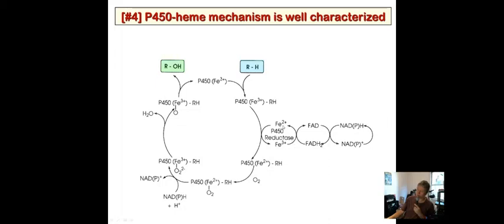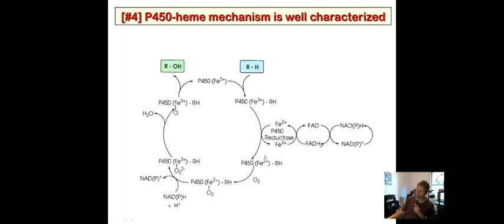And then iron 2+, which is in a low oxidation state, will act as a reducing agent, which will reduce iron 3+ in the P450 complex, and now P450 has our substrate sort of conjugated into it, and iron 3+ will be reduced to iron 2+.